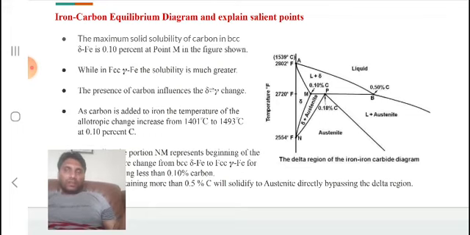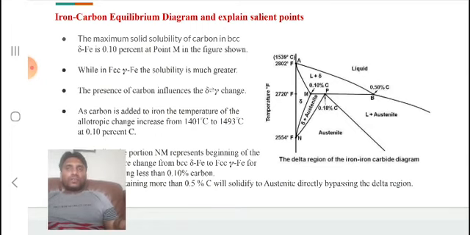So wherever there is a chance of the temperature increasing beyond 1200 degrees centigrade, the microstructure changes to delta iron, and that delta iron is again BCC.